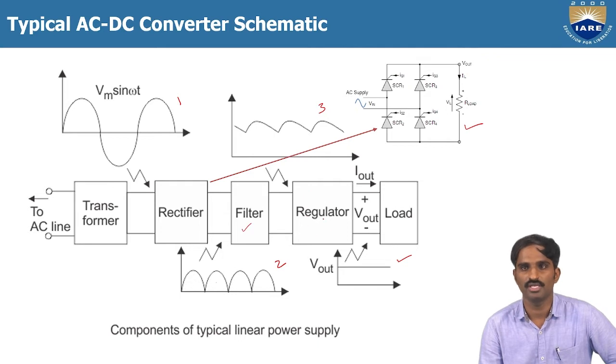This will regulate the output voltage. According to the load requirement, we will give the output voltage to the load. Then after the regulator, we will get the constant DC that you can see here in this waveform. Let me consider this as figure 4. This is the practical schematic in case of the rectifier.